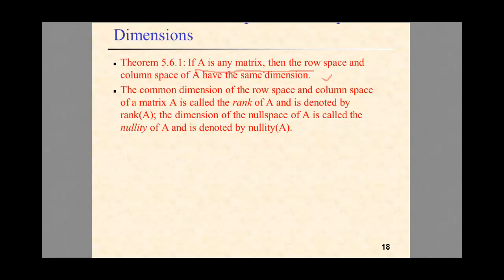The common dimension of the row space and column space of a matrix is called the rank of A, and it is denoted by rank of A. The dimension of the null space of A is called the nullity of A, and it is denoted by nullity of A.